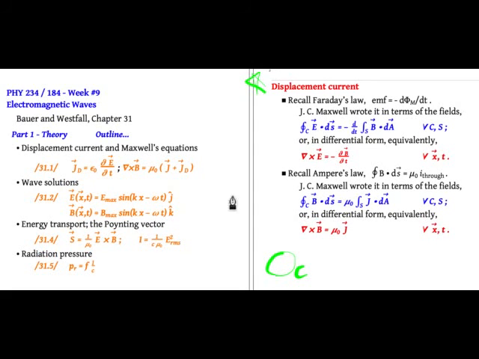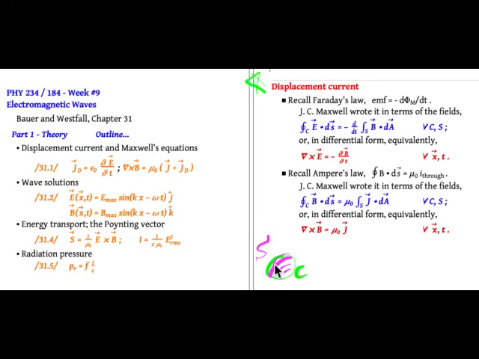And then, put it in a different color, a surface. A surface whose boundary is the loop. So the loop is a curve, C. And S is a surface bounded by the curve.